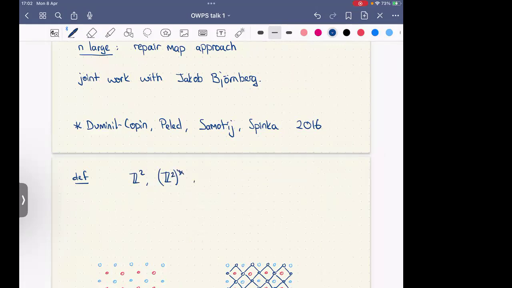Okay, and I'm going to let L be the graph with vertex set given by edges of Z2, which is essentially the same as the edges of the dual, because every edge goes over exactly one edge of the dual.